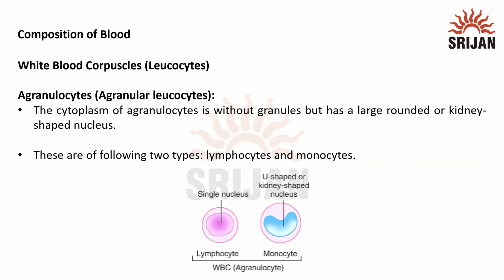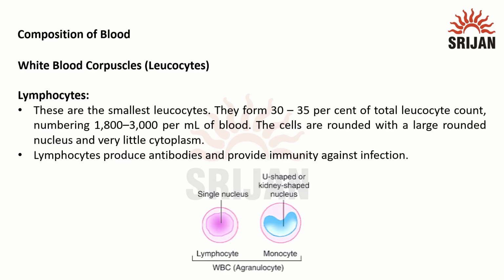Next is agranulocyte. As the name says, A means absence. So the cytoplasm is without granules but has a large rounded or kidney-shaped nucleus. Here if we see, lymphocyte has a large single spherical nucleus, whereas monocyte has a kidney-shaped nucleus. Now the first type is the lymphocyte.